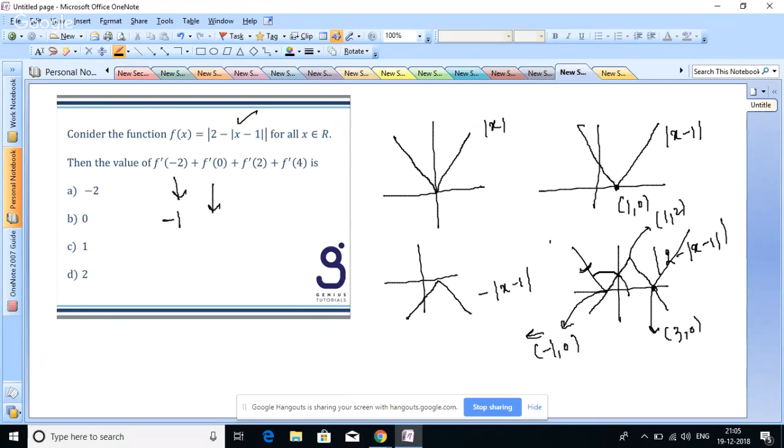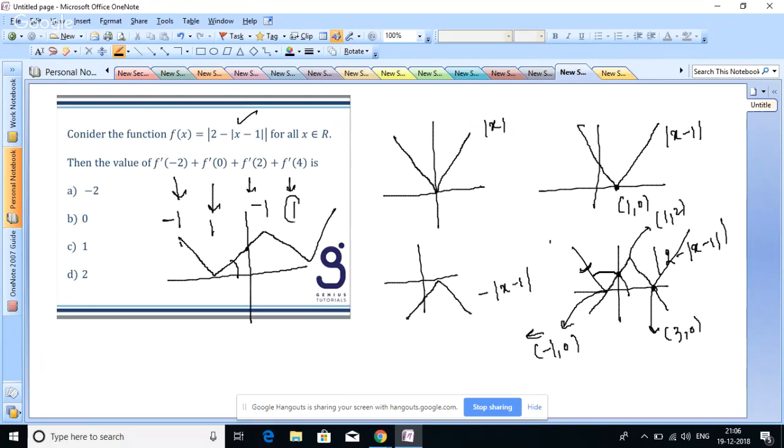Let me draw this graph again. The graph is like this. At 0 on this line, the slope will be 1. At this one it is again minus 1, and at this again 1.